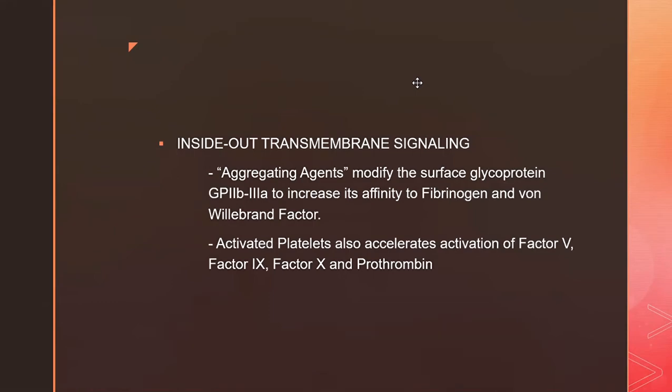Okay? Ang mahihirapan kayong ma-memorize dyan, yung release reaction talaga. Kasi maraming steps yung nangyayari doon. Meron tayong outside-in transmembrane signaling, yung sinasabi ko kanina, na yung thrombin magbabind to a specific receptor to your pars.